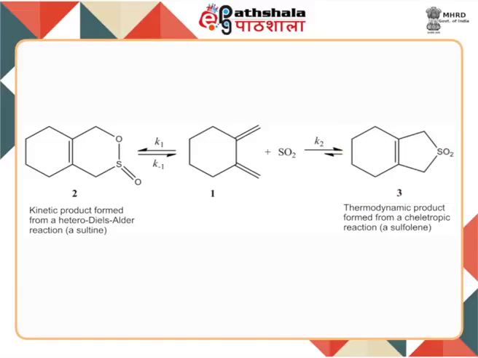In the 5-membered adduct, there is a loss of one pi bond in the substrate and there is an increment in the coordination number of the sulfur atom of the reagent, which changes to 6 from being 4 initially.